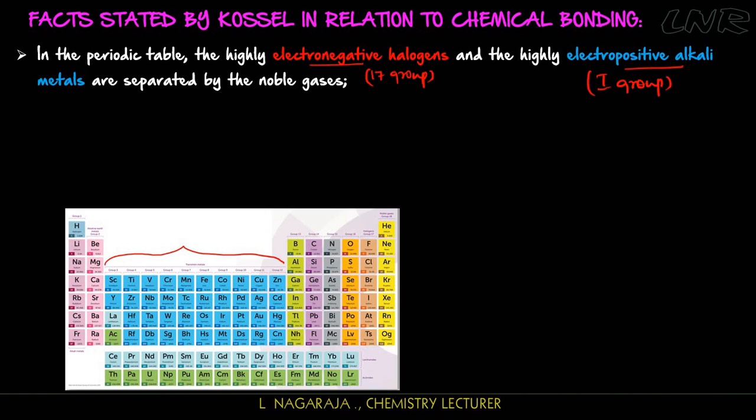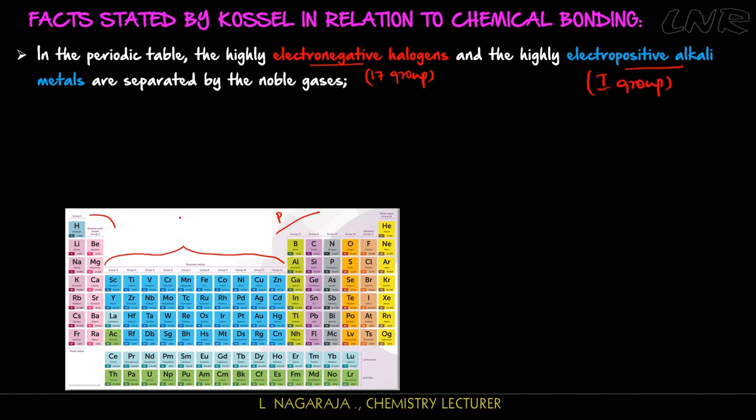That is why I am not going to calculate the valency for the transition elements. So the valency of the elements is calculated as either equal to the number of dots or 8 minus the number of dots. That concept is applicable only for the s block and p block elements.